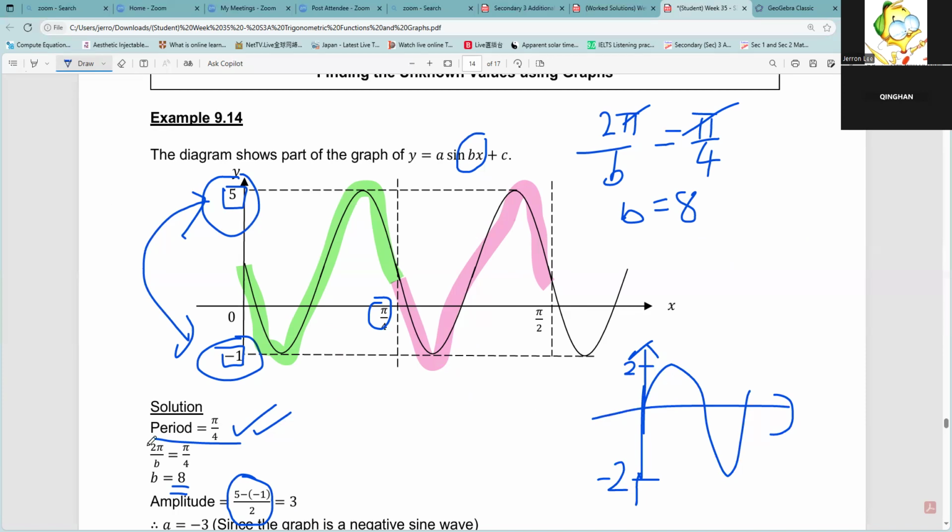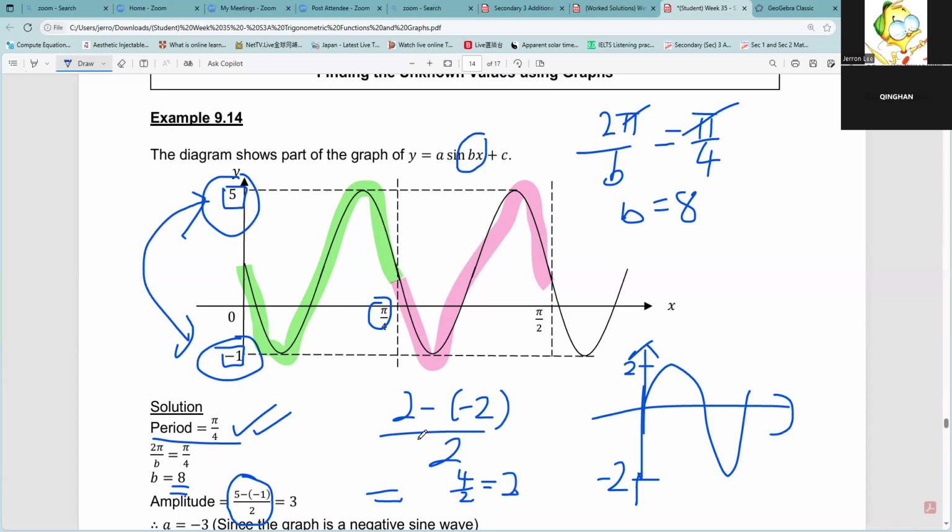But if you're using the formula, that will be 2 minus -2. What am I doing when I do 2 minus -2? Basically adding the two differences, then divide by 2 to find the average. So that will be 4 over 2, which is 2. So this is telling me that the amplitude is 2.